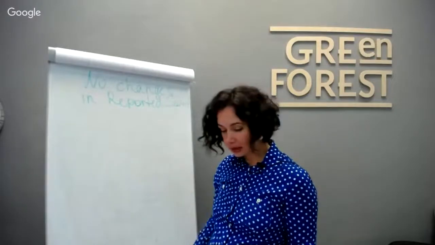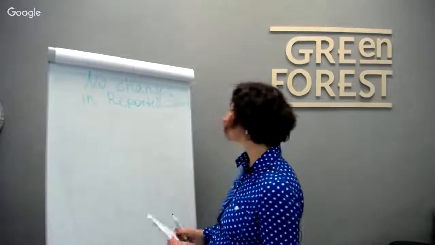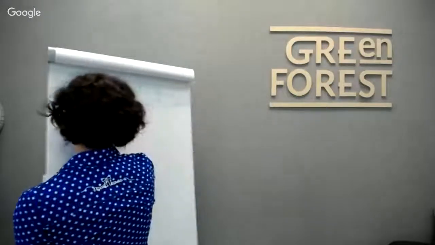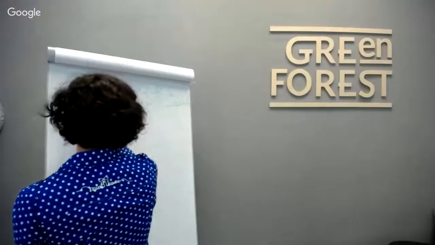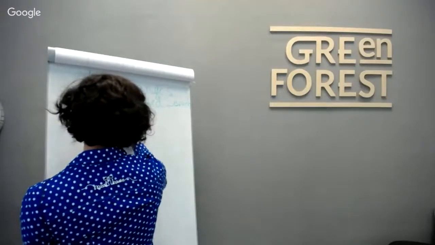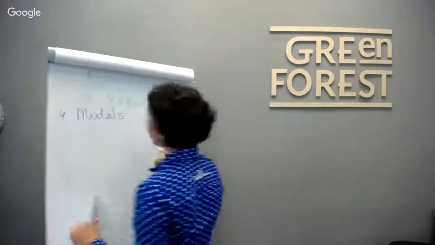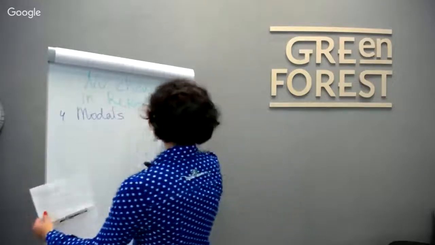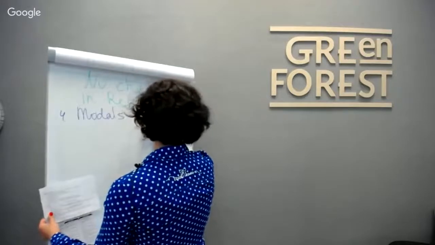The rule about grammar, this will be number 4. Let's say we have some modal verbs which we don't change when we report because they have already no step backs. What kind of modals have no changes in reported speech?